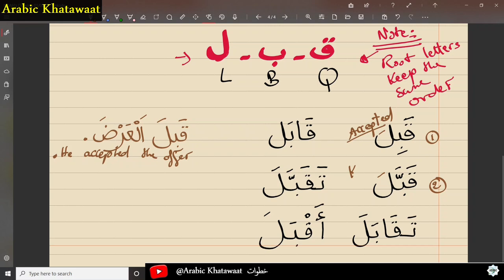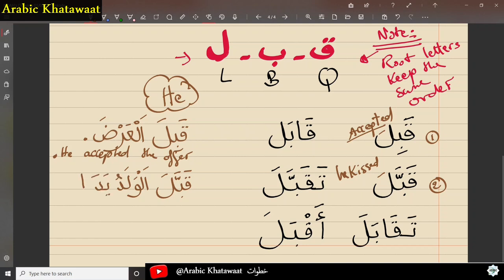So قبل الولد يد أمه. The boy or the son kissed his mother's hand. قبل الولد يد أمه. The son kissed his mom's hand, his mother's hand.